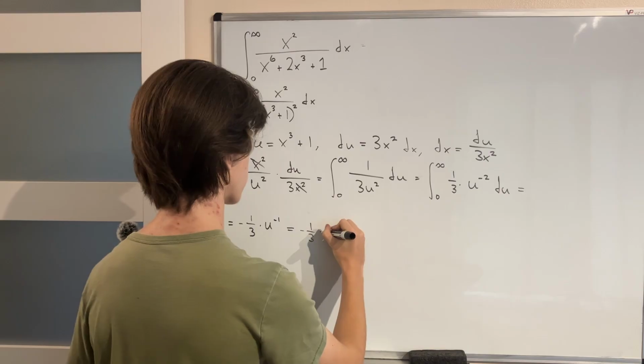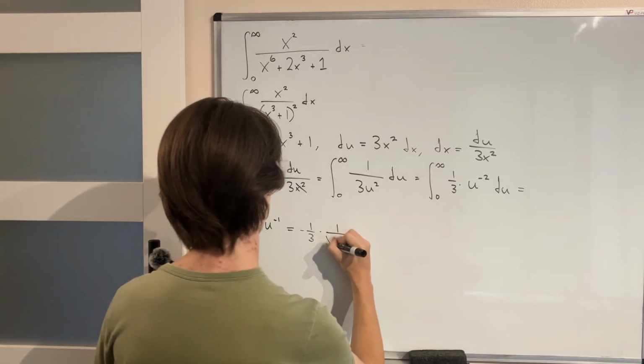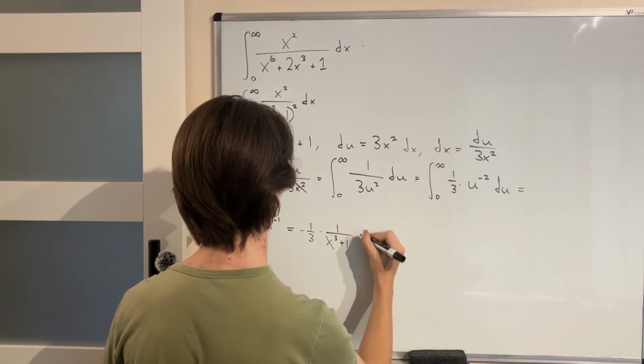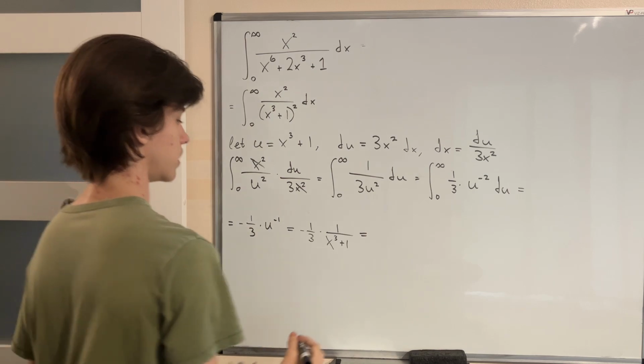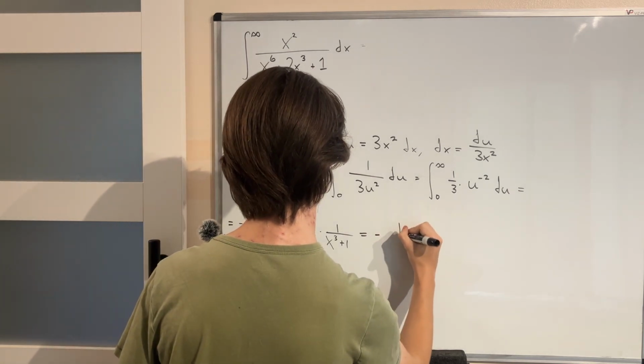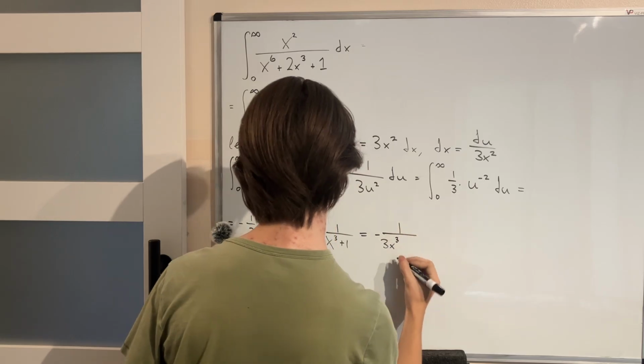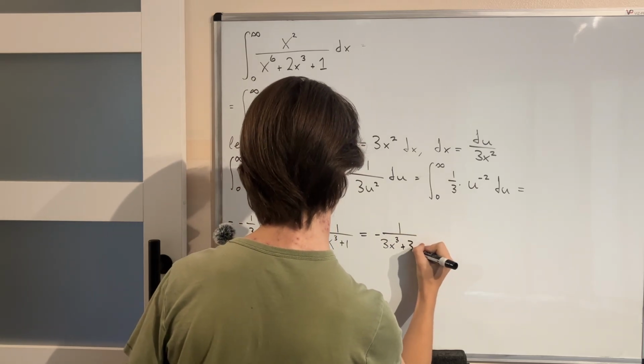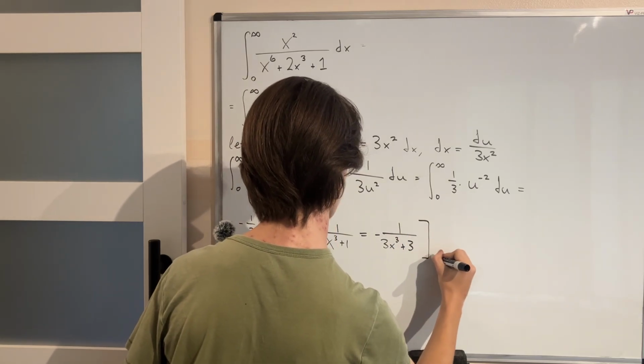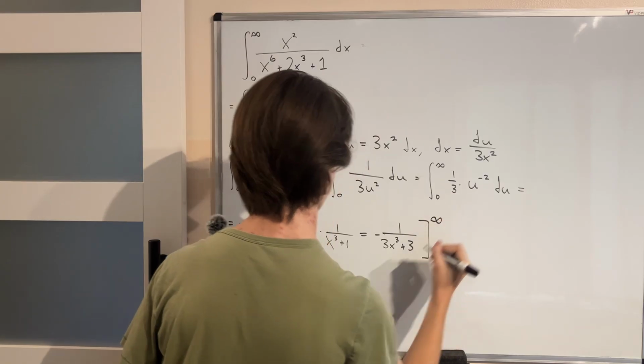It's going to be 1 over u, and u is equal to x cubed plus 1. And this is going to equal simply negative 1 over 3x cubed plus 3. All right, and we have our bounds from 0 to infinity.